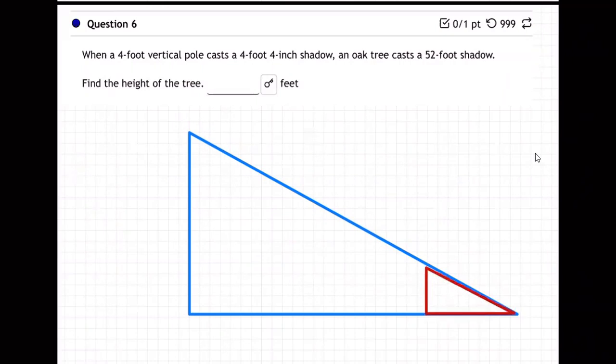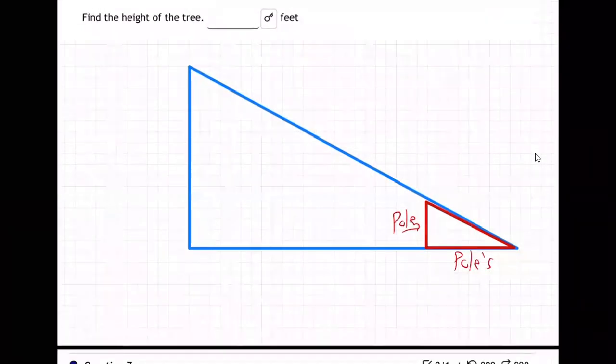Right there. Okay, so what we have is a pole right over here. This right here is a pole, and this is the pole's shadow. And the sun is up here in the sky.